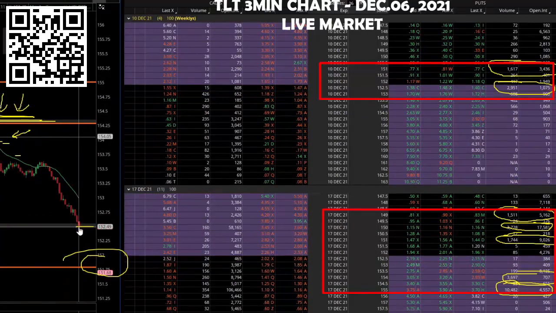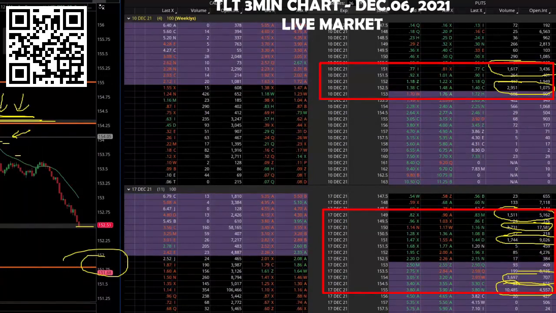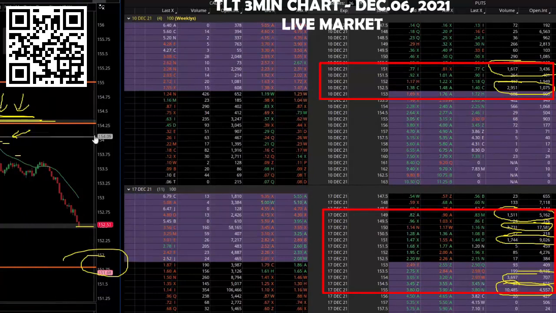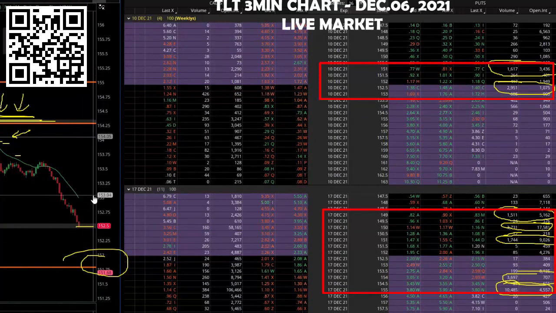If it breaks down below, you have the next level just at 152 and below 152, and you trim some more profits there, and you wait. If it continues to fall, you continue to take profits little by little, one contract at a time. On the oversold bounce, you have two choices.